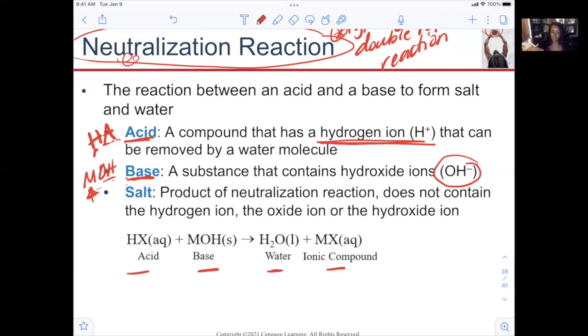Once again, in chemistry, it's about pattern recognition. You want to see an identifier element. Acids are known for having H+, bases are known for having OH-. Since water has both, water is known as neutral. It's neither acid nor base.